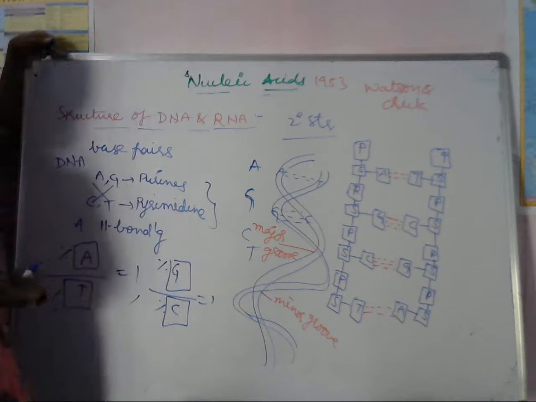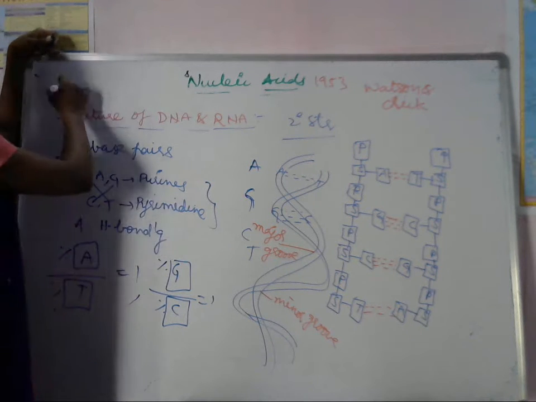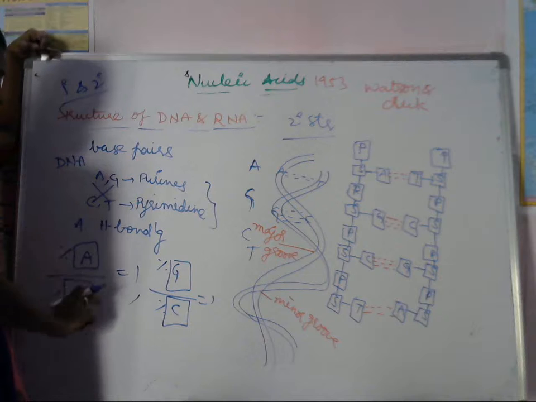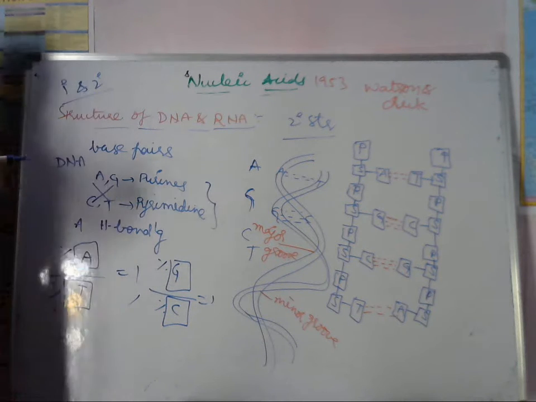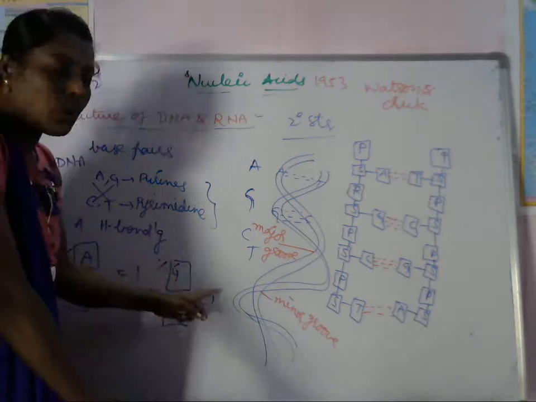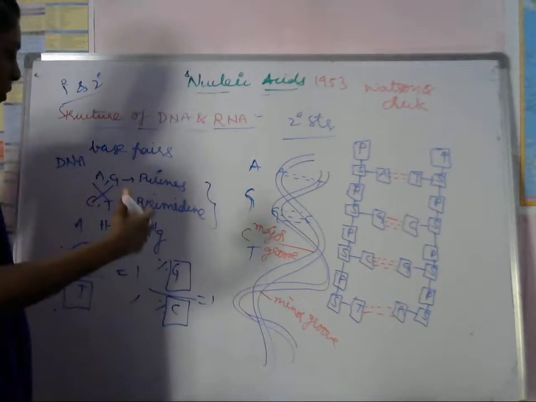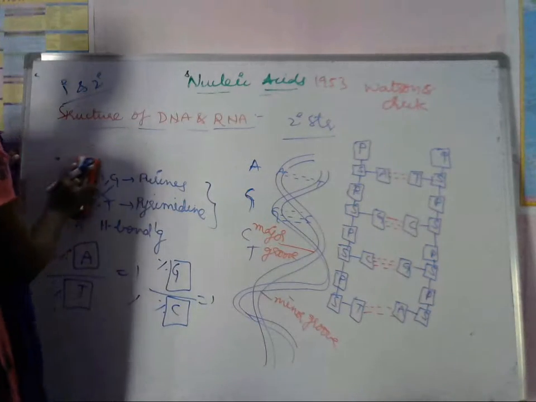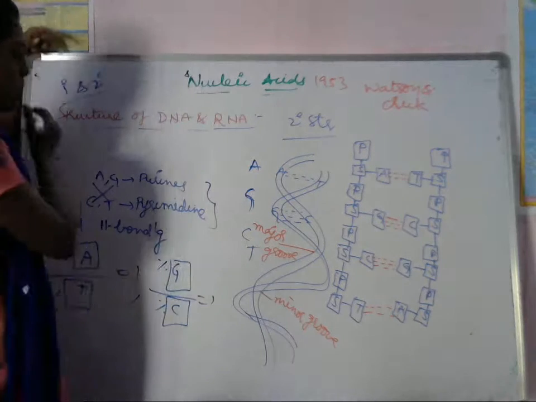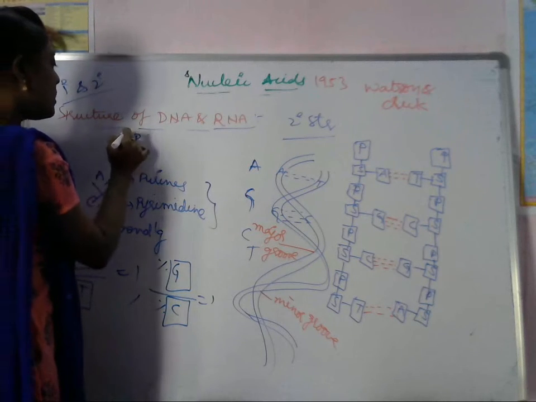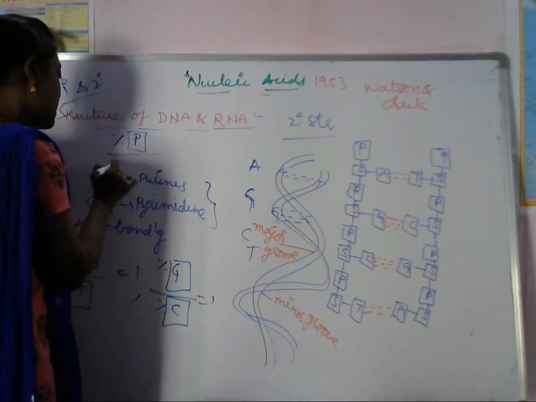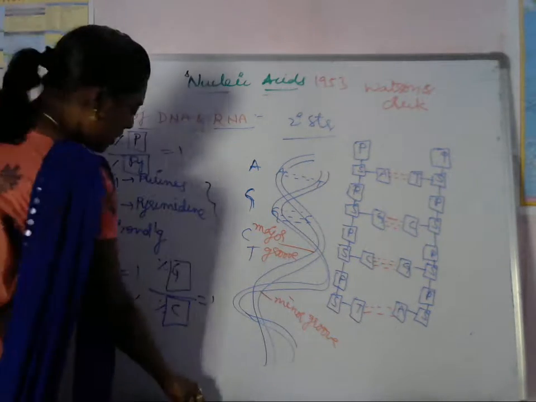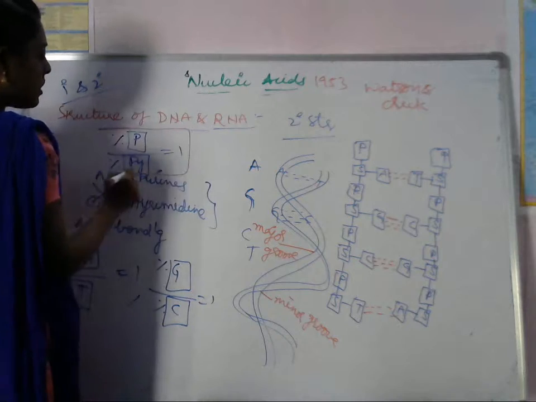So in the primary or secondary structure of DNA, this ratio of A to T and G to C should always be equal to 1. Finally, what is the conclusion? The percentage of purines and the percentage of pyrimidines should always be equal to 1.